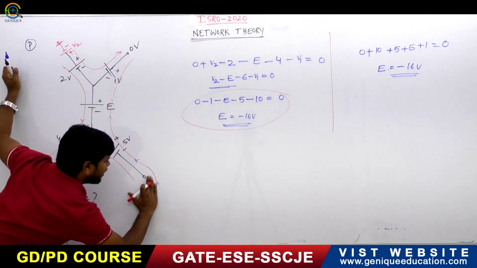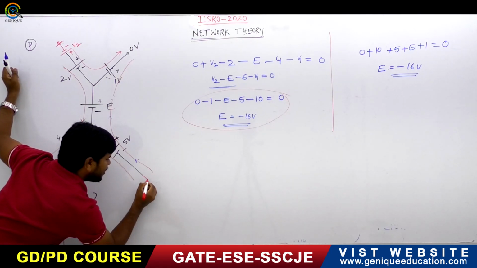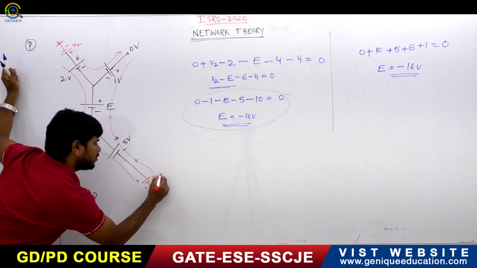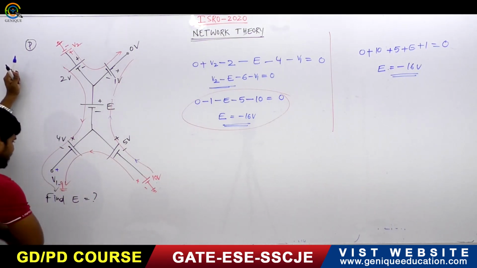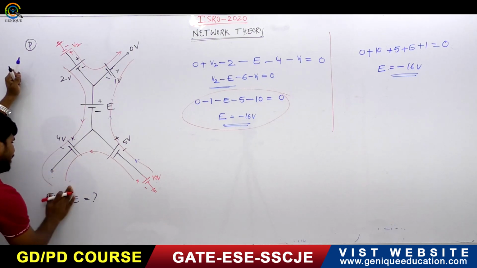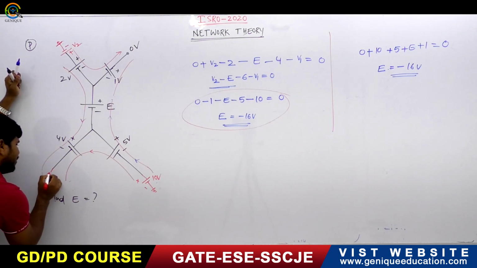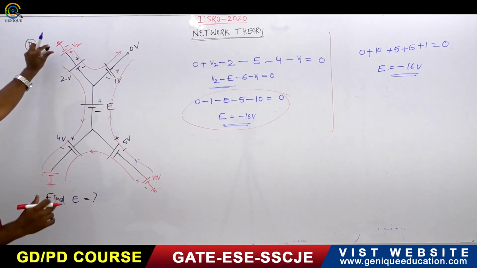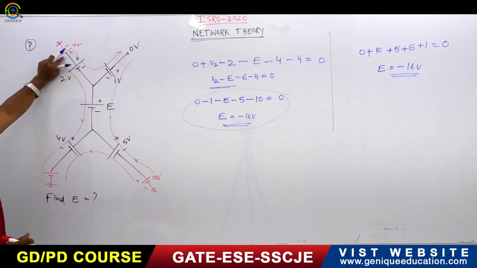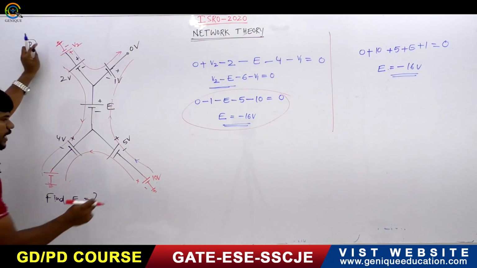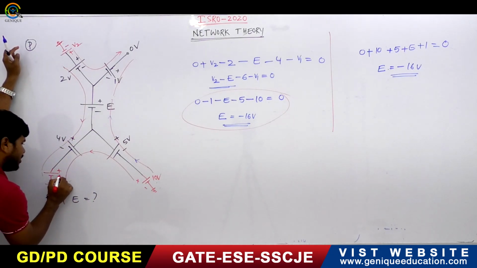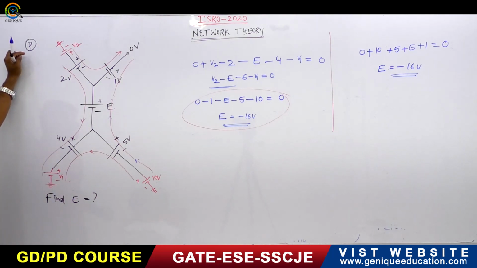It is a 10 volts battery. It is minus, it is plus, it is 10 volts. I can remove this V1 and set up here. That means it is having a voltage V2 with respect to ground. It is having a voltage 10 volts with respect to ground. It is having a voltage V1 with respect to ground. That is the meaning of this.